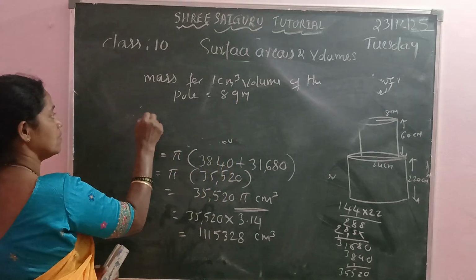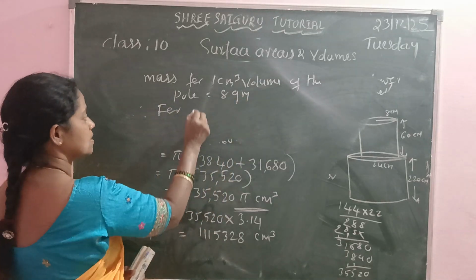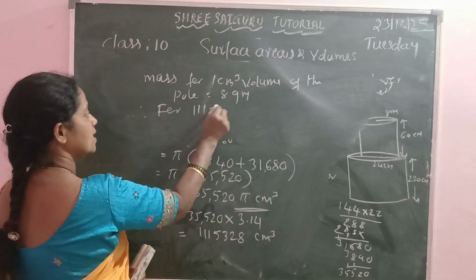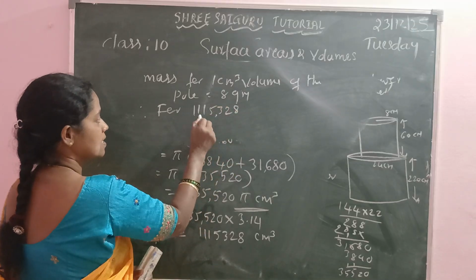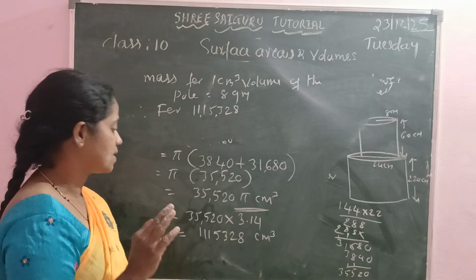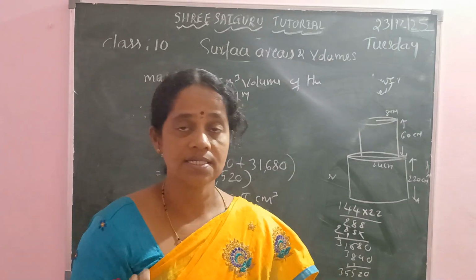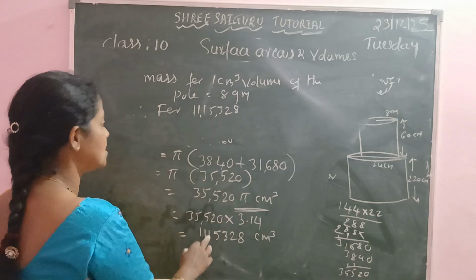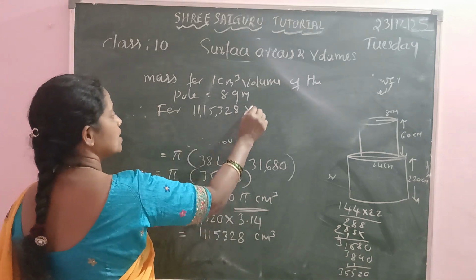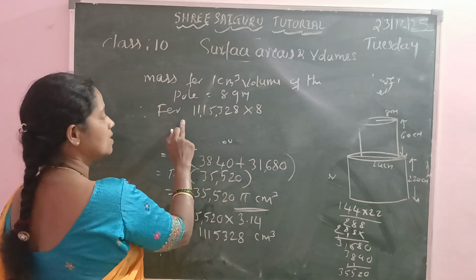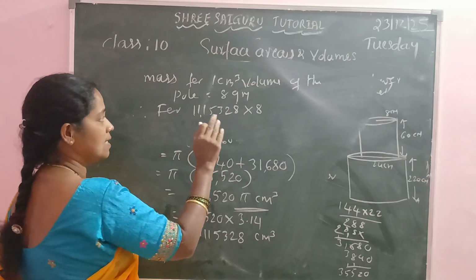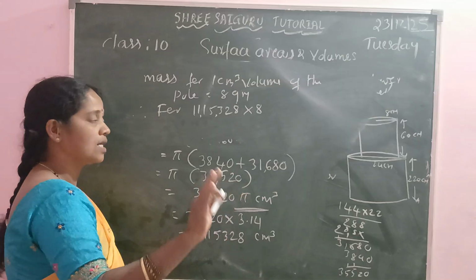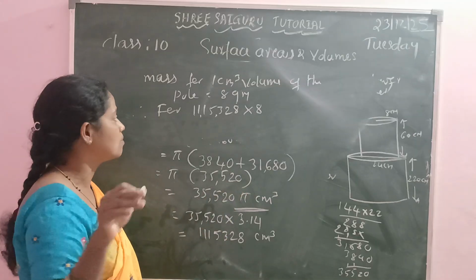So therefore for this volume of 1115328 centimeter cube, we have to multiply by 8. For this volume, what will be the mass?